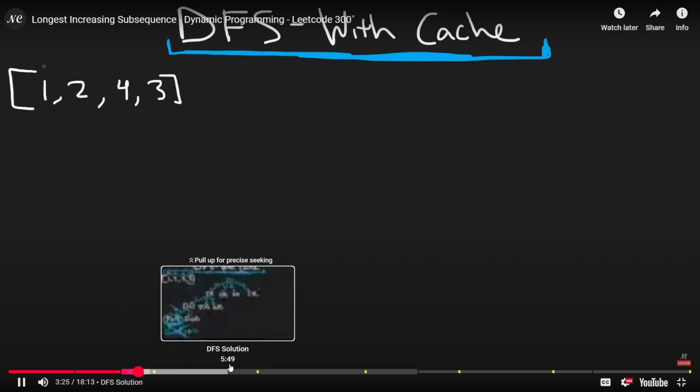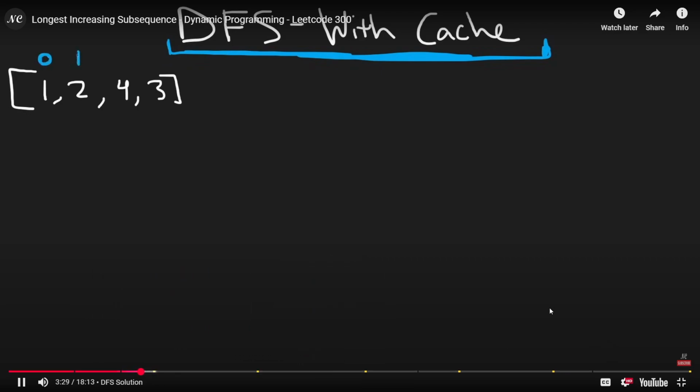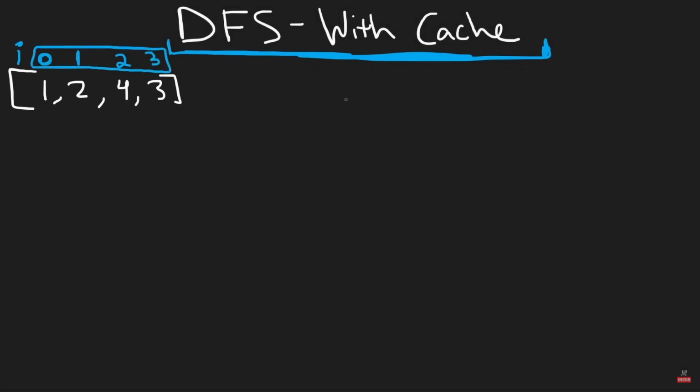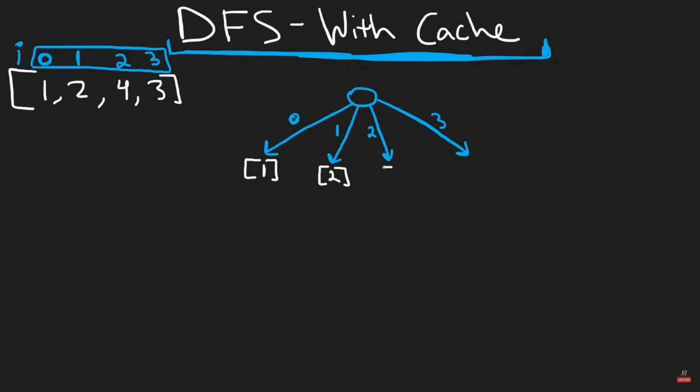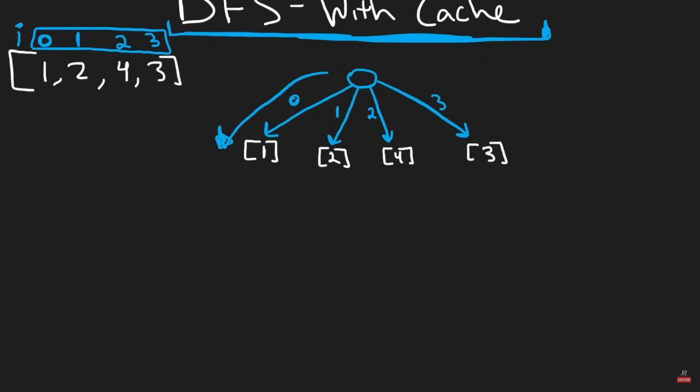Let's check all subsequences starting at index 0 and then repeat that starting at index 1, starting at index 2, and starting at index 3, right? So these are the indices. So we take one decision to start at index 0, we take one decision to start at index 1, one decision to start at index 2, and one decision to start at index 3. So in these cases, these are going to be the subsequences we have so far. So we know index 0 has value 1, index 1 has value 2, index 2 has value 4, index 3 has value 3. So now let's go along the first path. So index index 0. So we know if we start at index 0, we have 3 values that come after it. So we can try all 3 of these possible decisions.